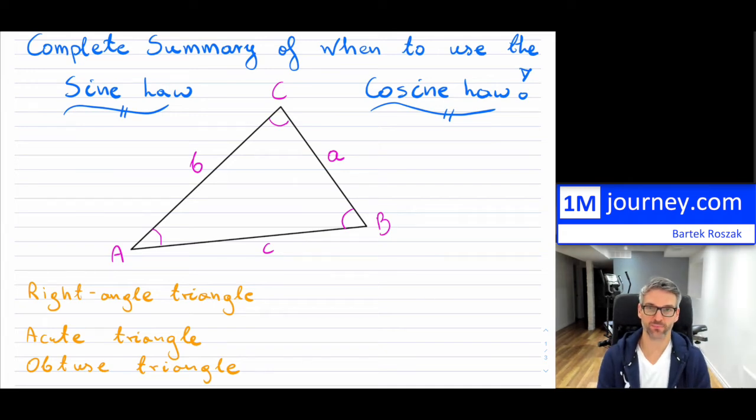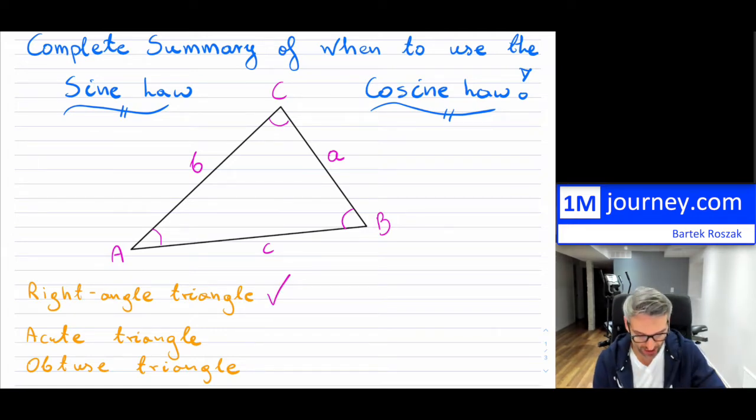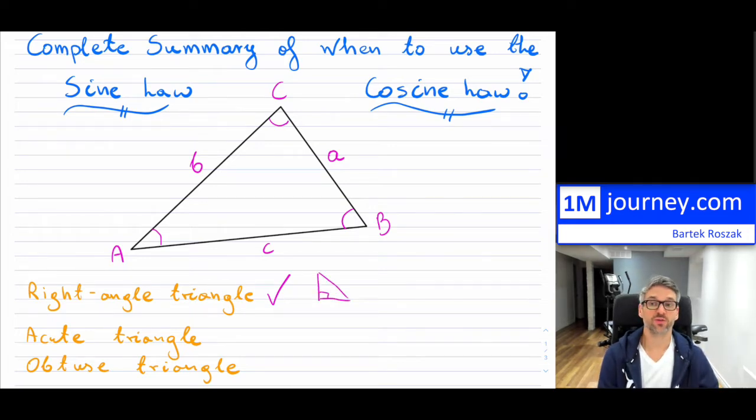So coming back to this triangle, the first thing that you hope for is that you have a right angle triangle. If you have a right angled triangle, then don't even bother using the sine or cosine law.